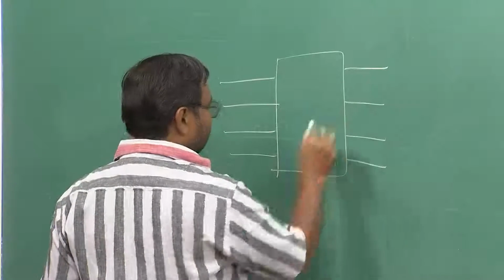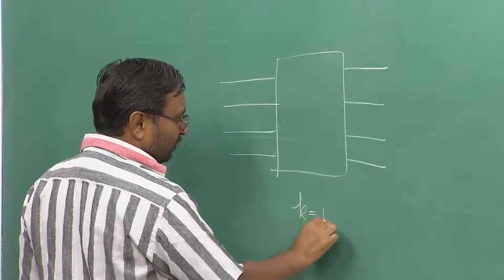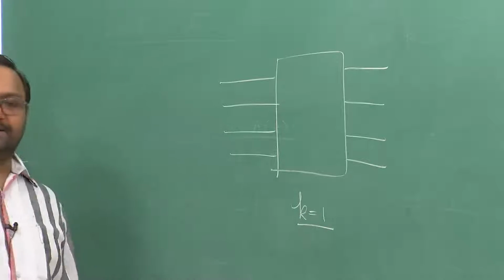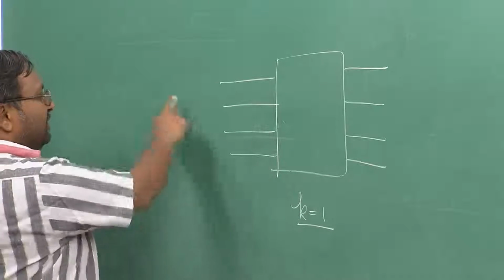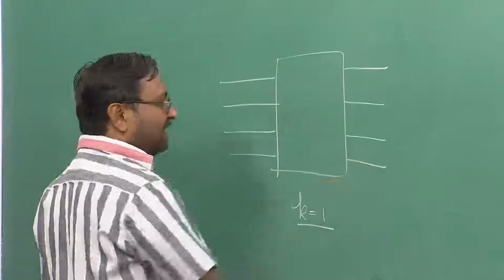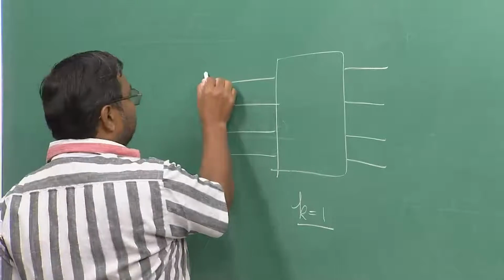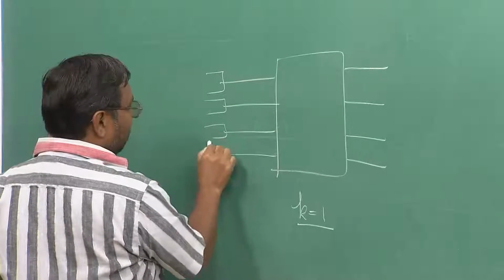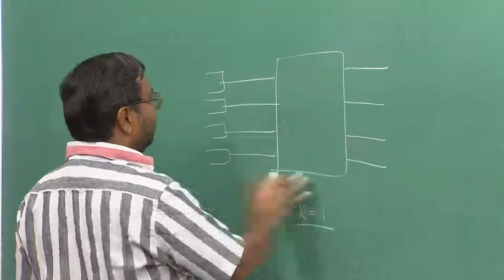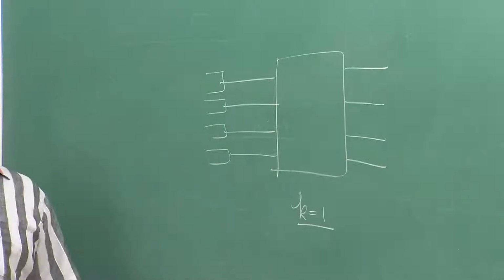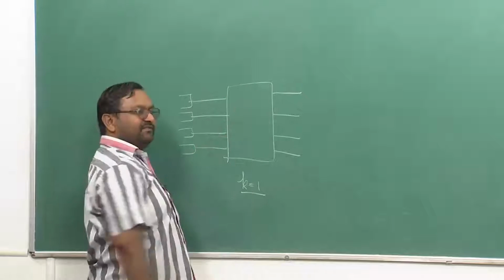Now remember, k is equal to 1, the speed up factor is unity. So, in one slot one packet comes, and in one slot only one packet can go from input to output, not multiple of them. So, if there is a buffer here, an important thing is you do not require buffering here, you require buffering here. In the output queued system only output side buffering will be required.